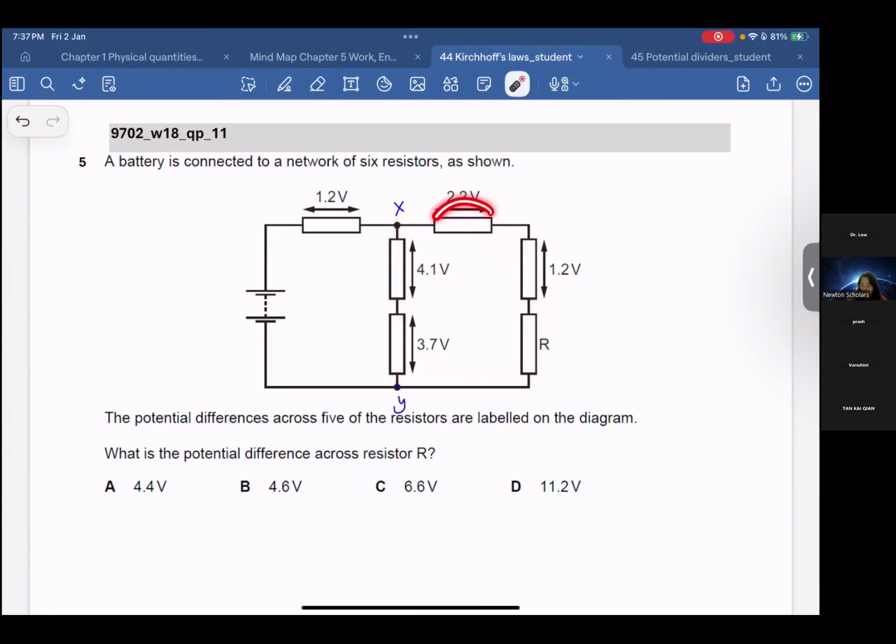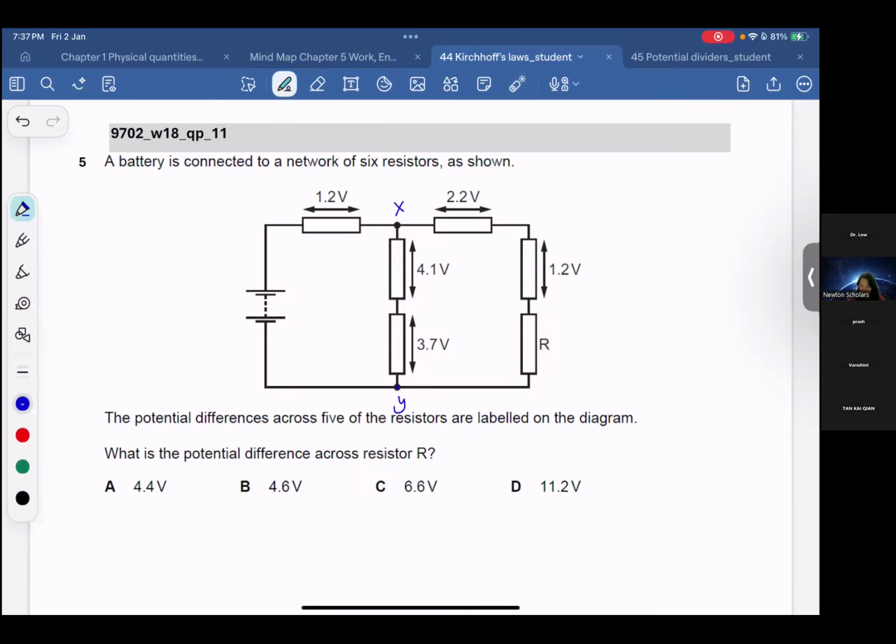If you straighten the wire, these three are in series and it is parallel to this part. So you use parallel voltage must be the same. Then you solve the question and find out the voltage for your resistor R.